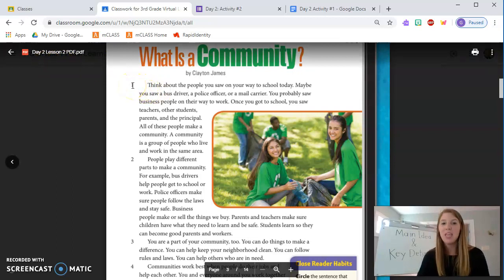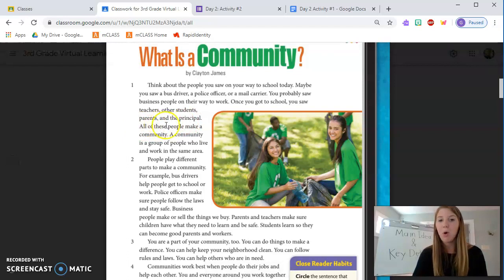Paragraph 1. Think about the people you saw on your way to school today. Maybe you saw a bus driver, a police officer, or a mail carrier. You probably saw business people on their way to work. Once you got to school, you saw teachers, other students, parents, and the principal.